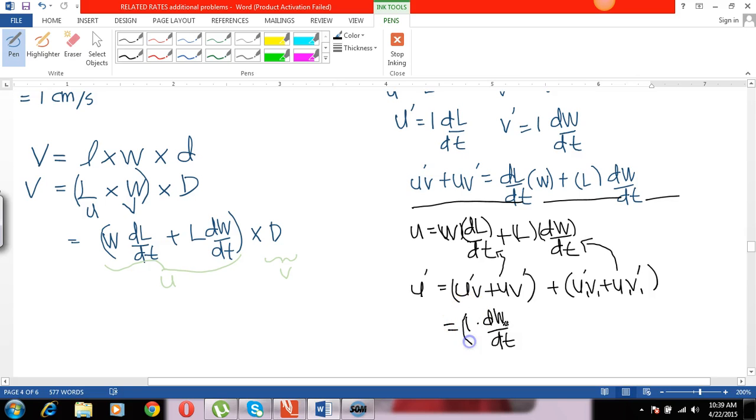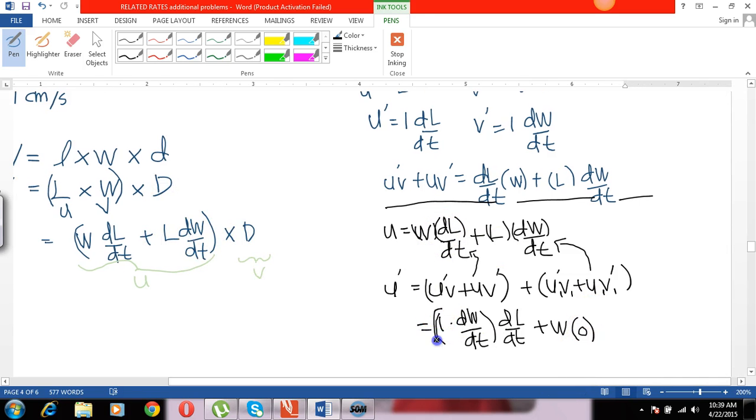Okay, so U prime times V. V for this is dL over dt, plus U V prime. So U for the first equation is W, and V prime, differentiate 1, we get 0.